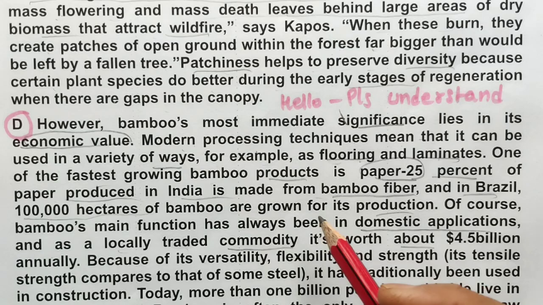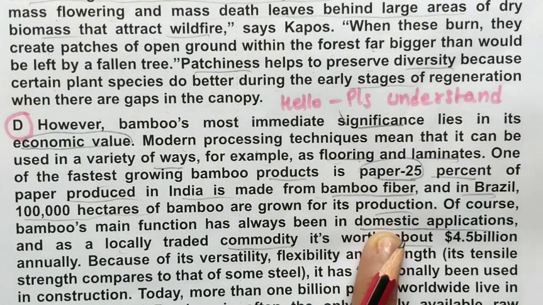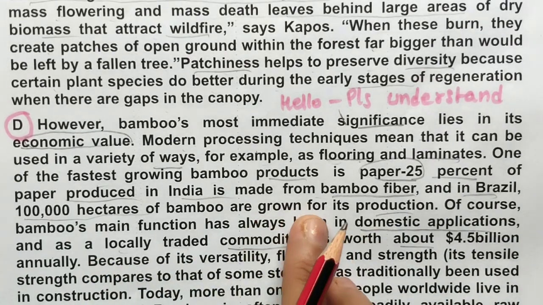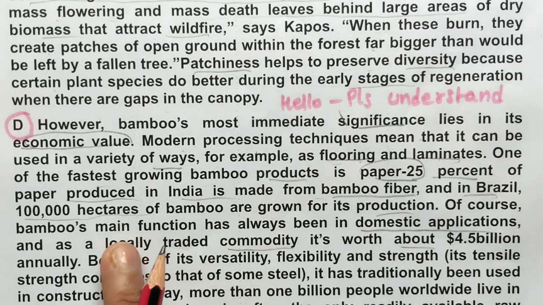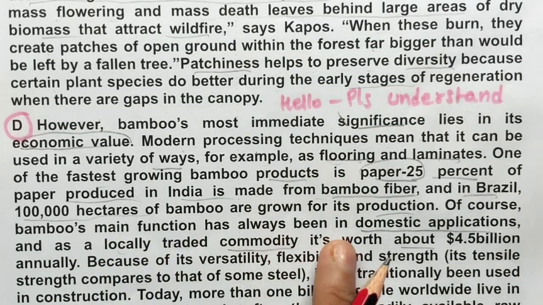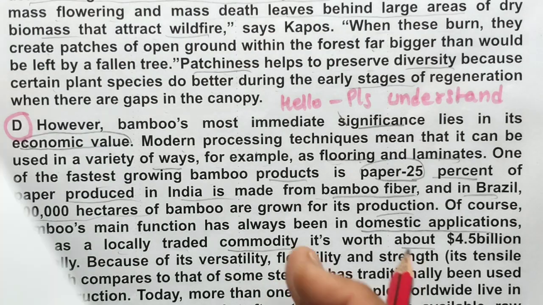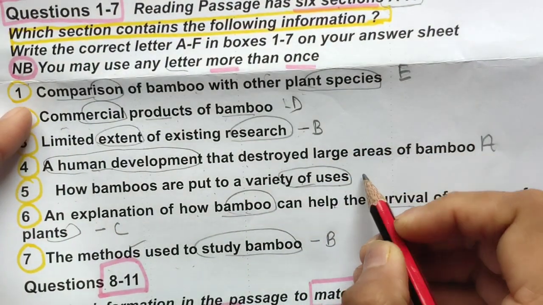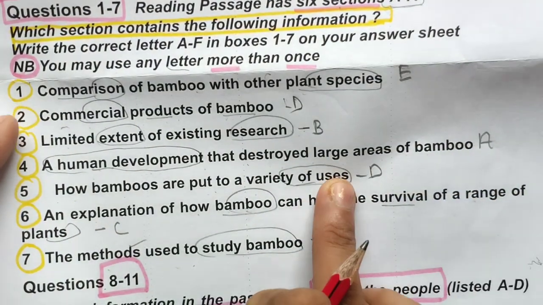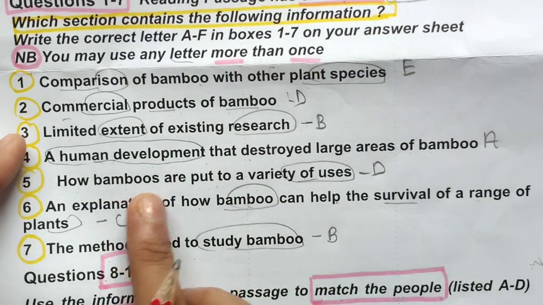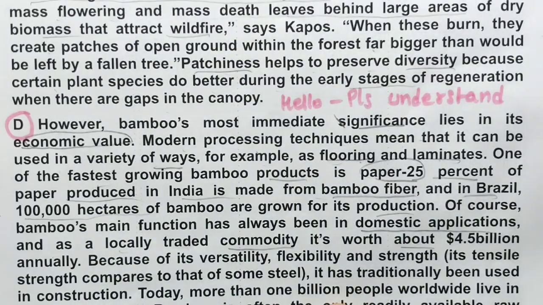So I think grown for domestic applications also, grown for its production. Of course, bamboo's main function has been in domestic application and locally traded. So we can just select this D1 also. That's why I was thinking commercial products and variety of uses, here they have given.